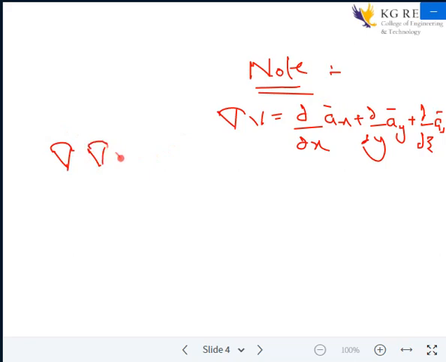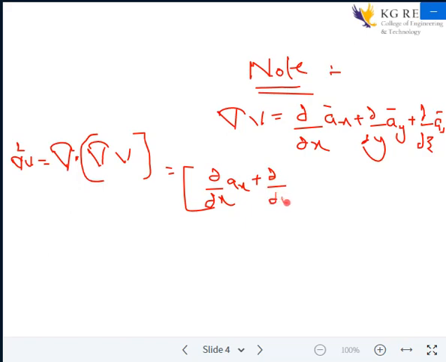The same equation I am multiplying, so that I can get del square of v. So del square v I can write as del dot again del v, so then it will become del square of v. Now here we know the del operation, so del can be written as ∂/∂x ax plus ∂/∂y ay plus ∂/∂z az.